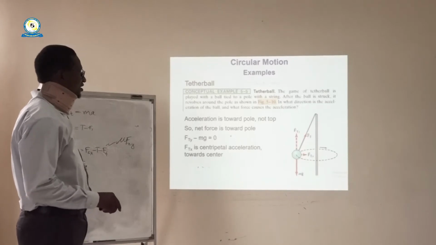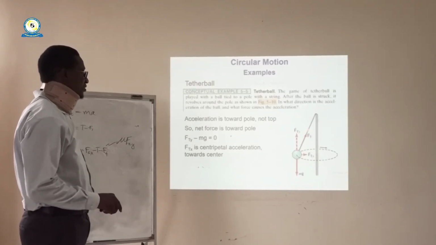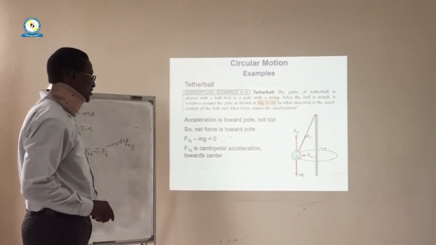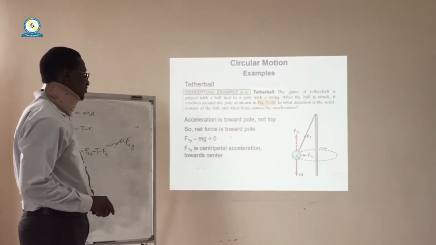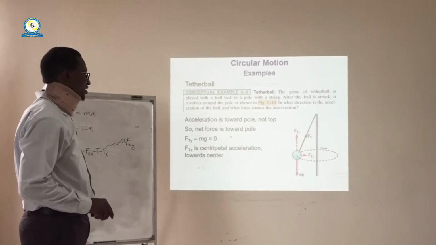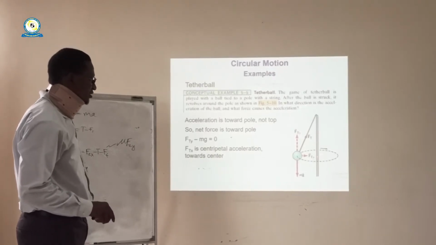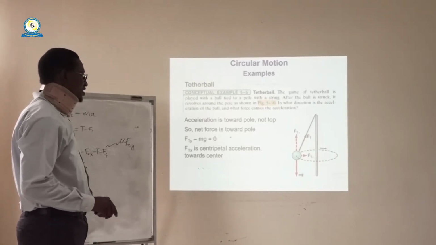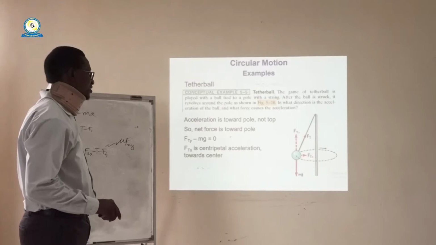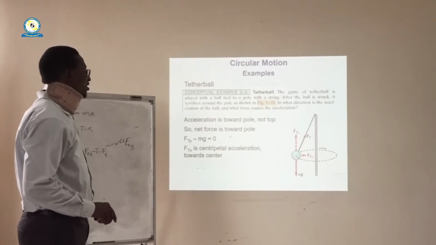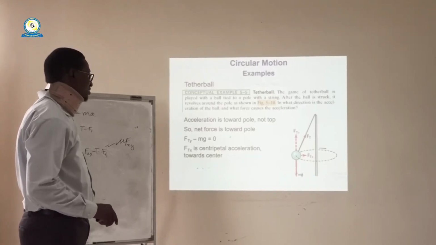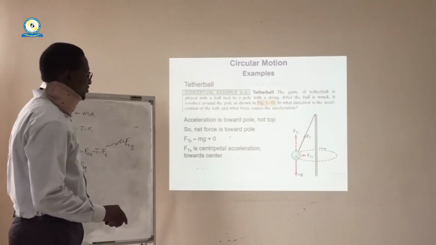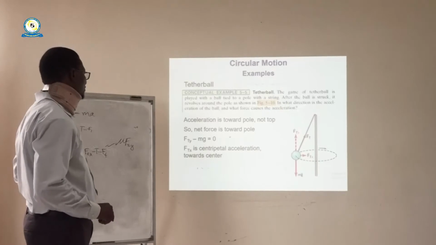This Ft is inclined at an angle. So you have to know this angle. You can resolve this into Fty and Ftx. This Ftx is toward the center. It means this equals centripetal acceleration, ma. And this one balances: the weight force balances with the component of tension force upward.